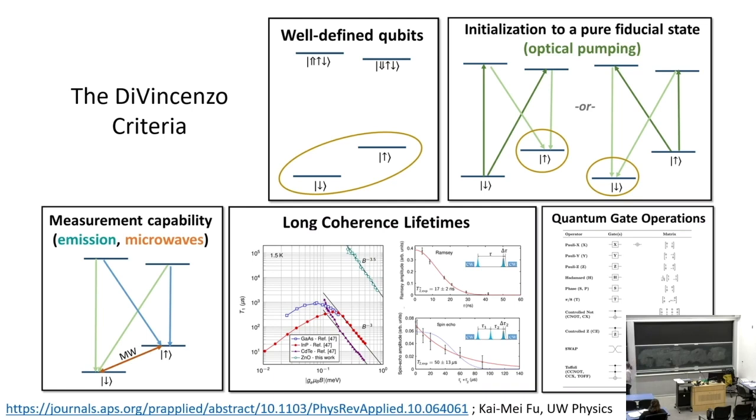We can measure what state we're in, and we can reliably, experimentally pump between those two states by using microwaves, because the energy difference between those two Zeeman split levels is in the microwave regime. We can measure the coherence time of these qubits, and they're pretty long.